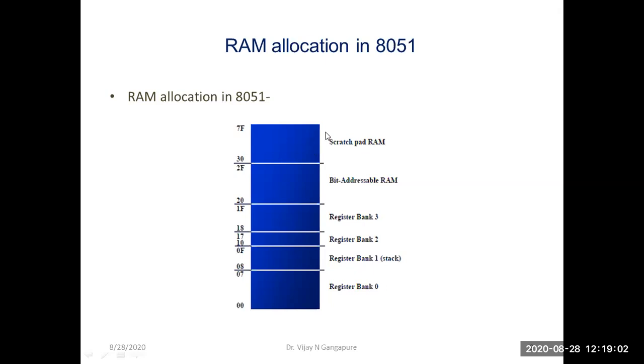And last section is of 80 bytes, that is address ranges from 30 to 7F, and these 80 bytes you can use as scratchpad RAM, that is for temporary storage. Okay, so this is RAM allocation in 8051.